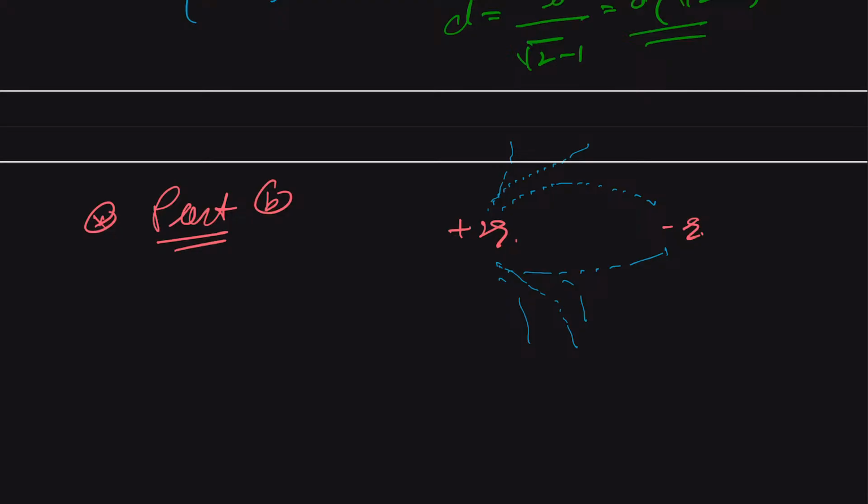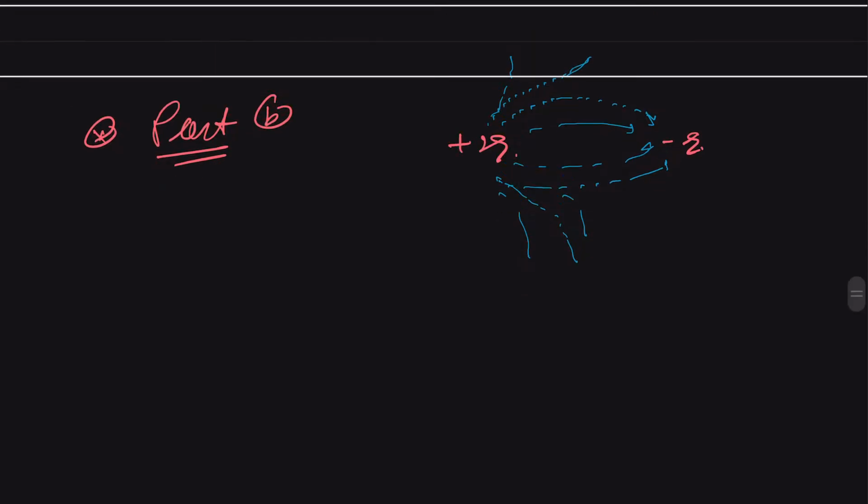Some of the fields will be going towards minus q, and some will be going to infinity. So we have to find out, with respect to this 2q, or if this is our x-axis, then with respect to the x-axis, the angle at which these fields will be traveling to infinity. This is the basic question.